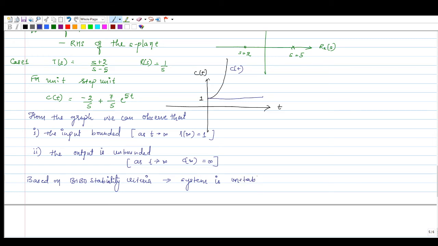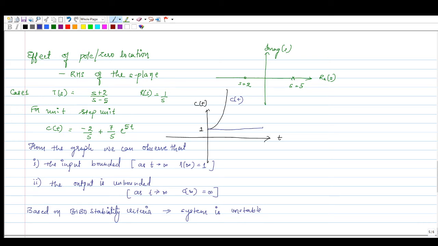For every bounded input, the output has to be bounded. Only then do we say that the system is stable. But here the input is bounded, but the output is unbounded, so we say this system is unstable. This is why, whenever you have a pole located at the right hand side of the S plane, the system becomes unstable.